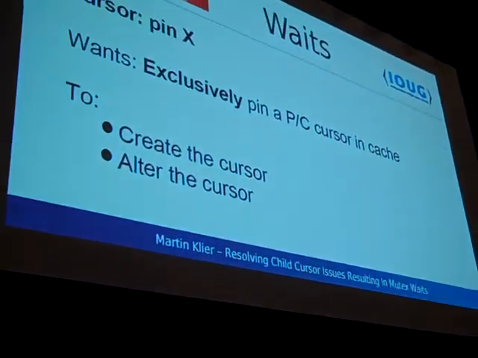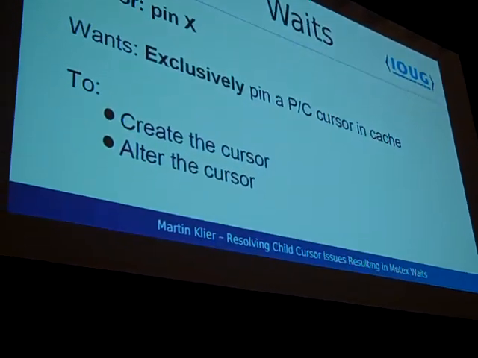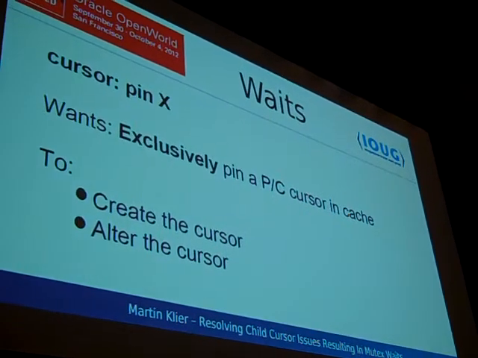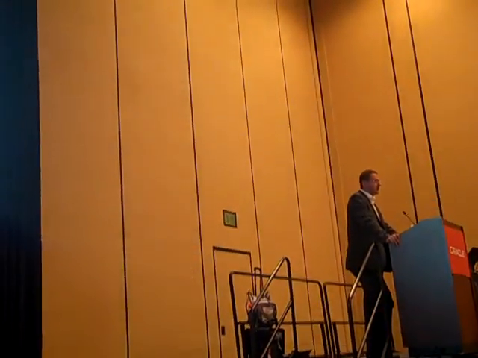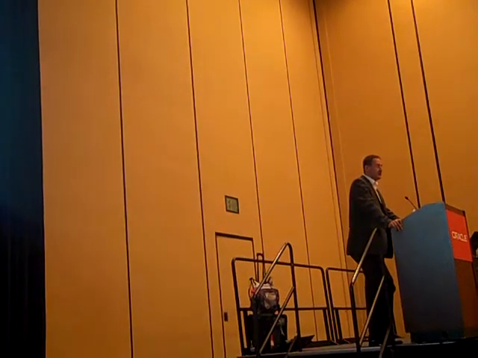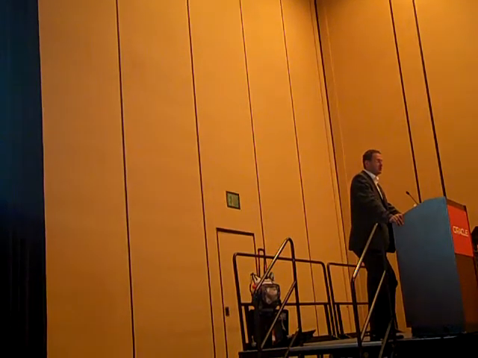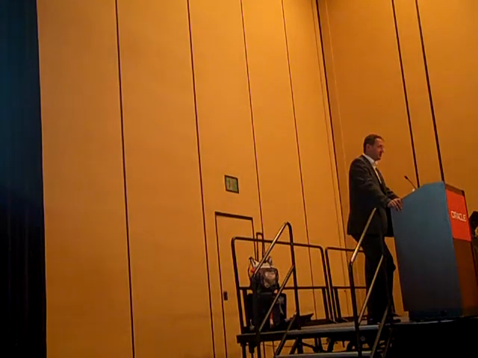This is another category of mutex holds you can see in parsing. It's pin. Cursor pin means that I do not want it to be removed from the library cache. It's a different thing than using it. Removing always happens when it's aging out. For the LRU algorithm is considering it as being old.